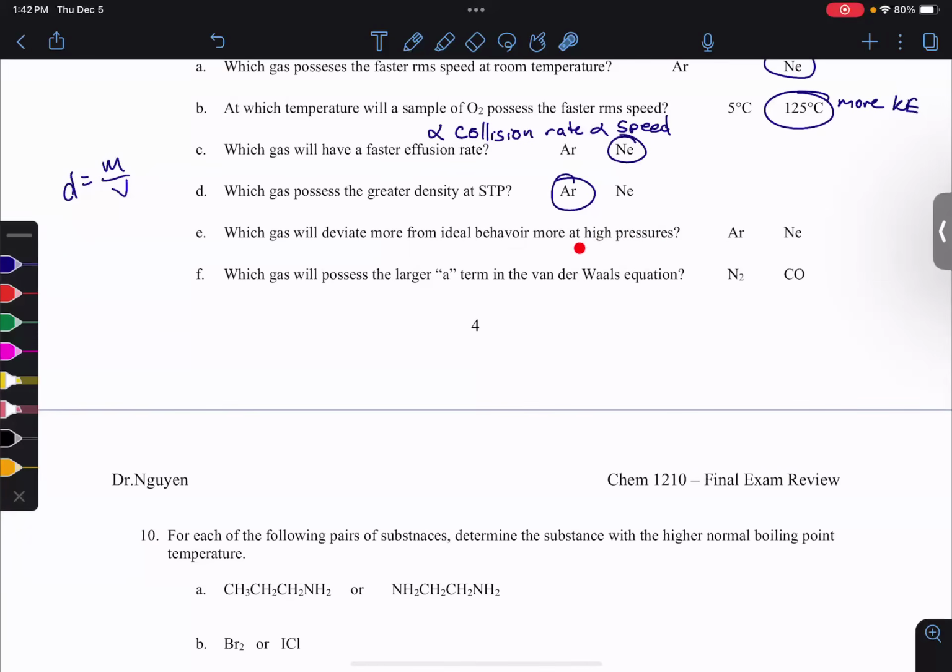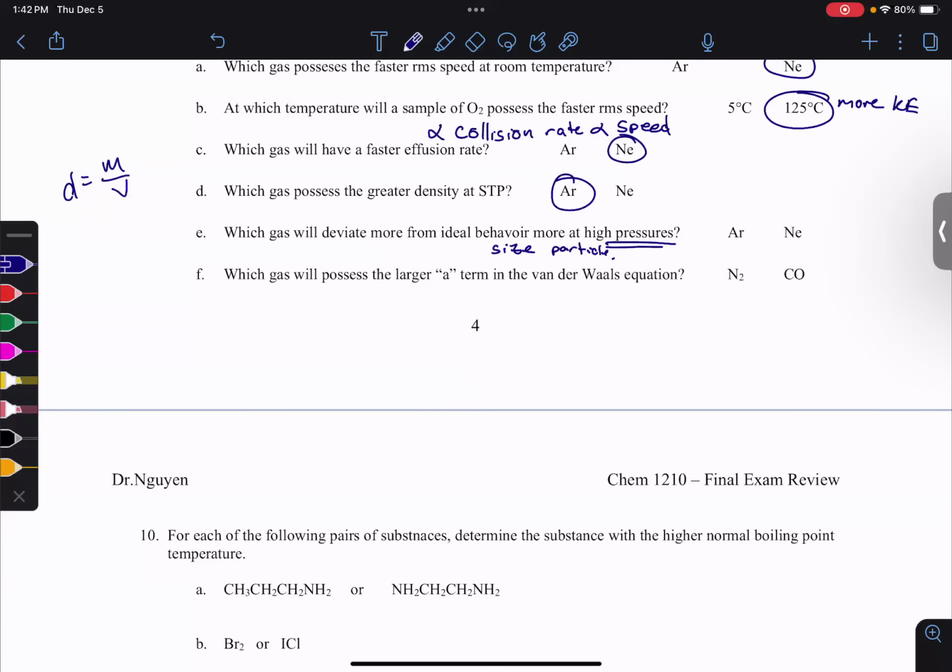Which gas deviates more from ideal behavior at high pressures? At high pressures, the size of your particles starts to matter, right? I like to think of it this way. In order to achieve a high pressure, you have to shove a ton of gas into a small space. So if you have a lot of gas in a small space, the size of those actual particles starts to matter.